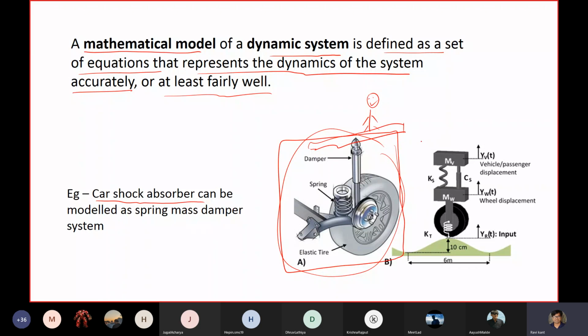And this real physical problem can also be fairly represented in this sort of lumped system parameters, or you can say a spring mass damper system.